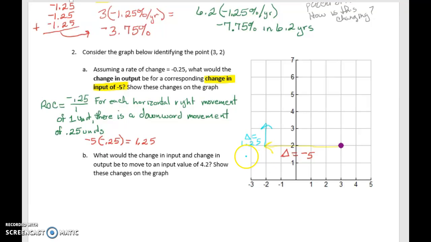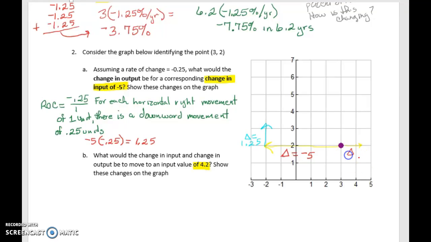So this change is equal to 1.25. Now in this problem, what would the change in input and the change in output be if we had an input value of 4.2? So this time we know that the input value is 4.2, and so we're going to go up to 4.2. We need to figure out what that change is.